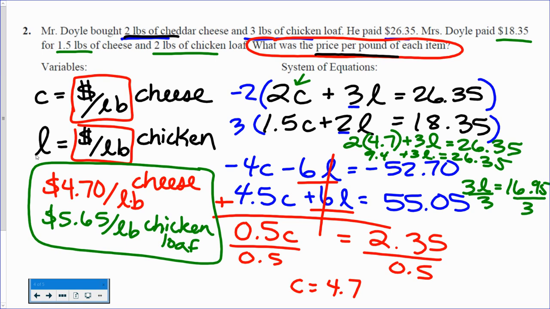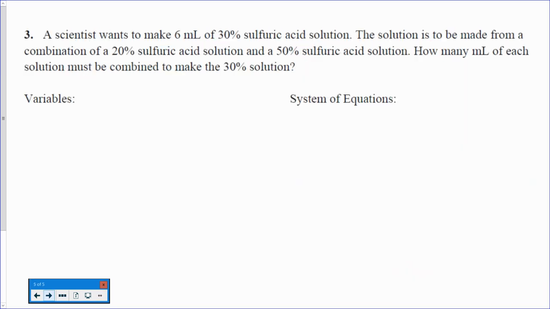All right, we got one more problem we're going to set up here. These ones sometimes confuse students, these ones with the percentages and these different solutions. You will have one like this on your homework. So I did want to make sure we go through one example here together.